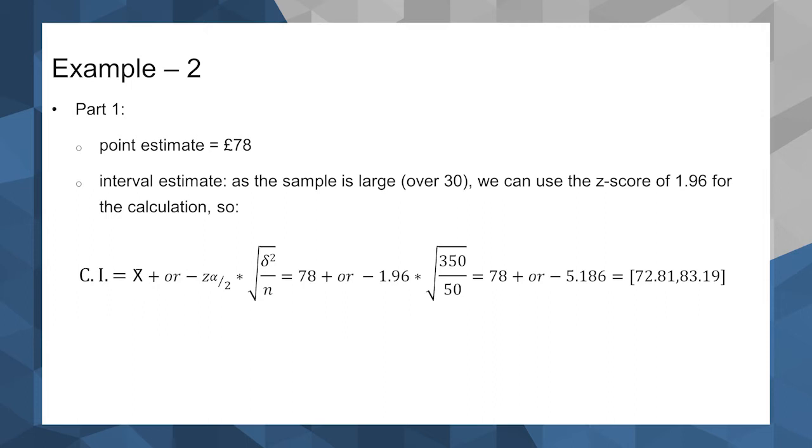So that says that I can be 95% confident that the true population mean is somewhere between 72.81 and 83.19, based on the sample I have.